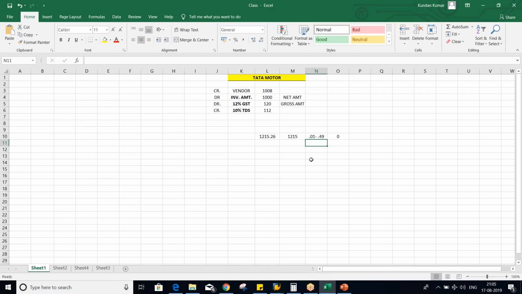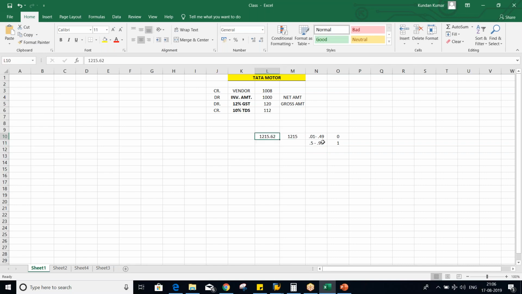Now here from 0.5 till 0.99 is going to be counted as 1. It means it's the same amount we are having here, 62.62. Okay, in that case, what will happen, guys?